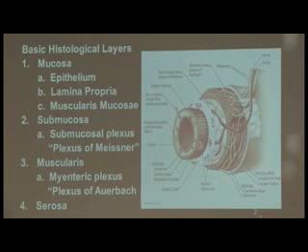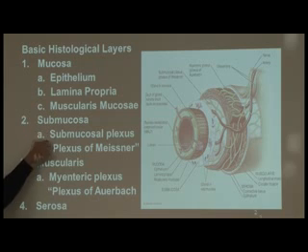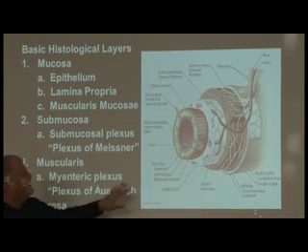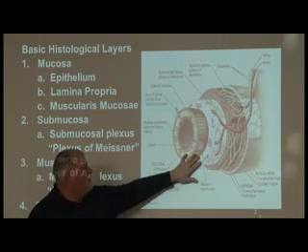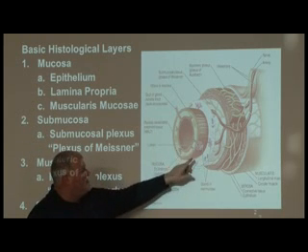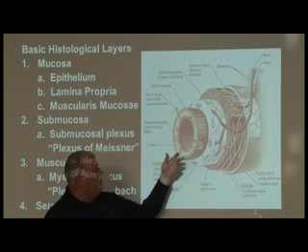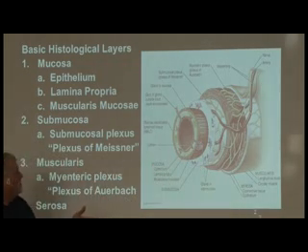The submucosal plexus, or the plexus of Meissner's, controls the secretion of glands, like submucosal glands, that are part of the digestive system.